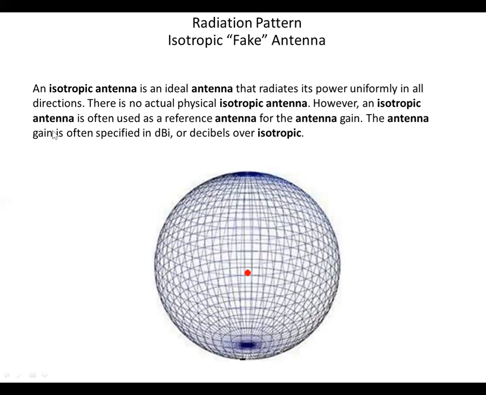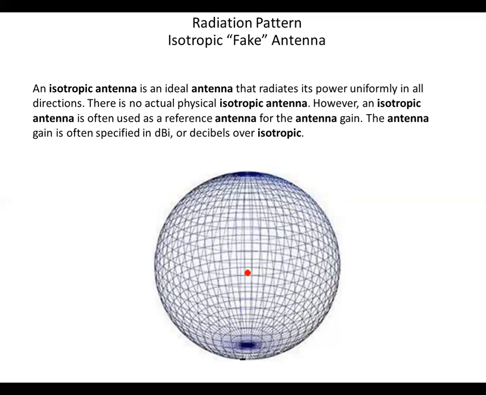The one antenna that's a reference antenna is referred to as an isotropic antenna. And it's a fake antenna because you really can't build one. All it is is a single point in space, and if you could radiate from a single point in space, which you can't because you need current flow, you just can't have a contained charge generate an electromagnetic field.